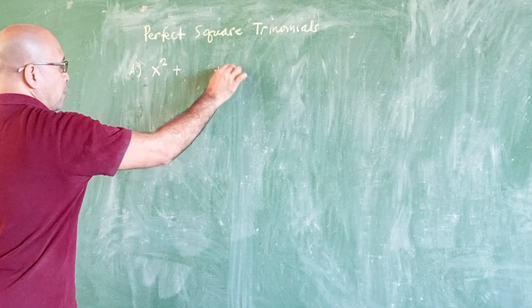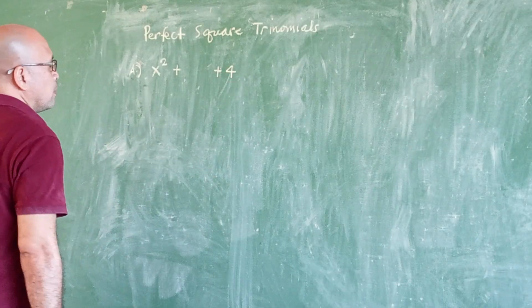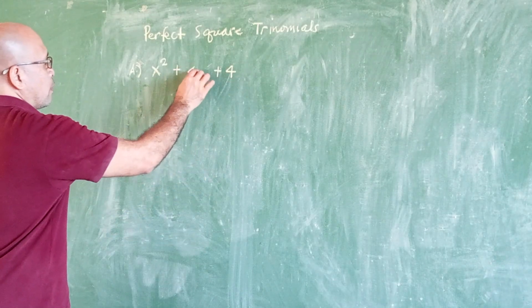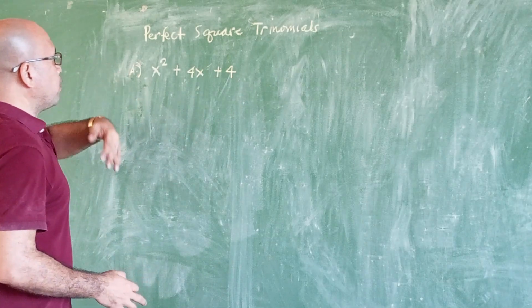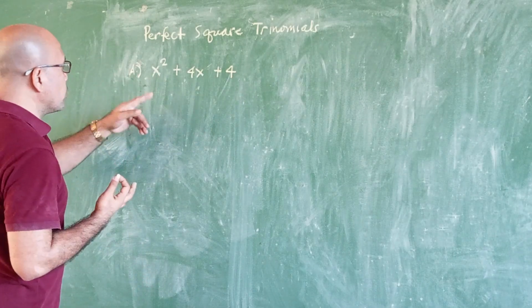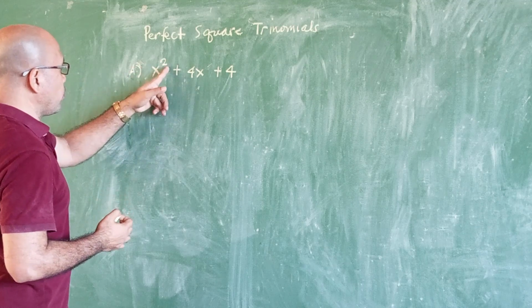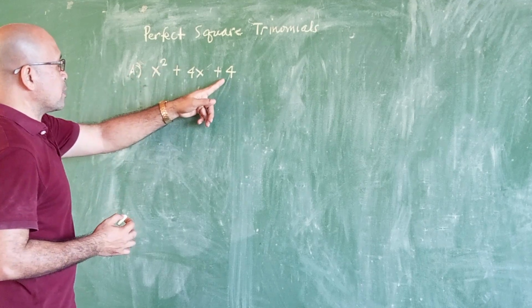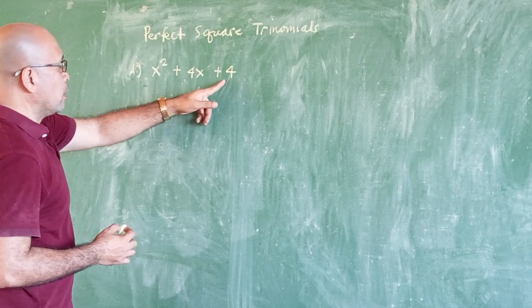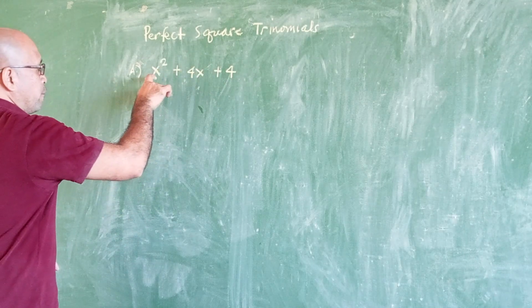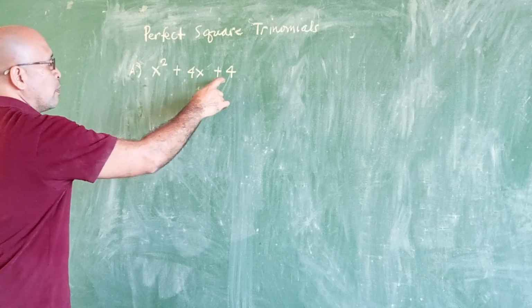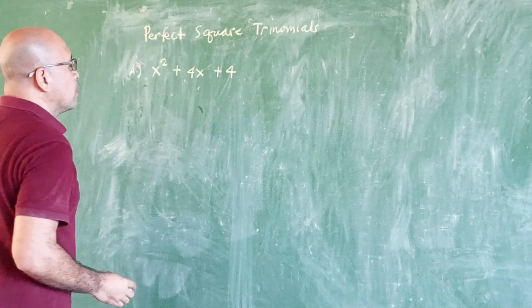Like for example, we have x squared plus 4x plus 4. Okay, so why is it considered again a perfect square? Because usually the first term is a perfect square and the last term is also a perfect square. And trinomials, because there are three terms involved here: the first term, second term, and the third term.